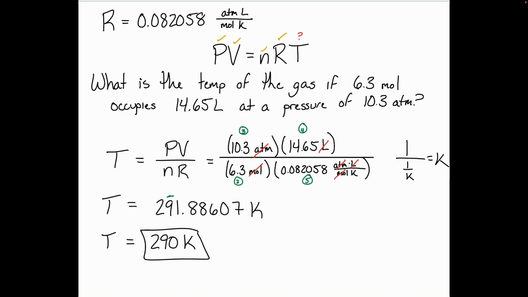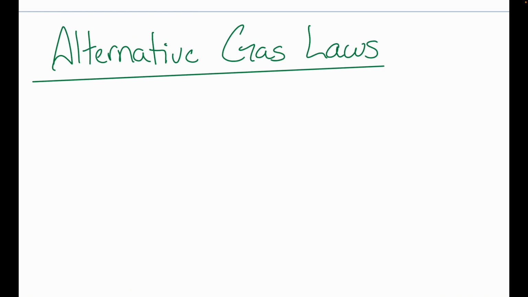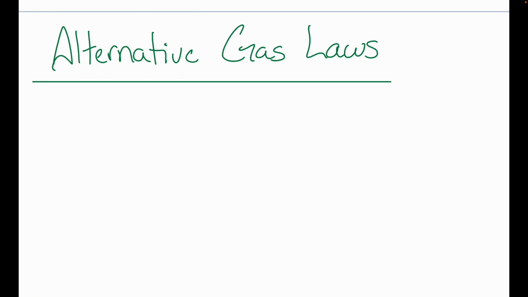Okay. All right, so now we're going to learn another way to use this ideal gas law. This is what is called the alternative gas laws. I like to think of them more as before and after type problems.